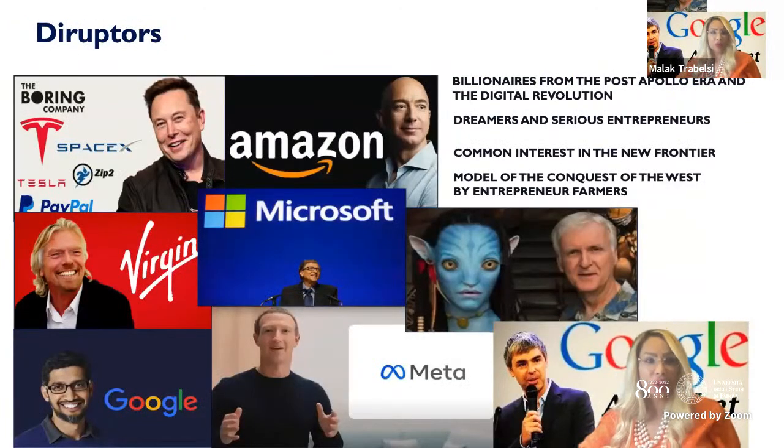And here we see disruptors. As you see, we have the Boring Company, we have SpaceX, and who was actually the PayPal guy. Of course, everyone knows Elon. Of course, we know that Amazon is also entering into the space ecosystem. Microsoft, Google, Virgin Galactic.